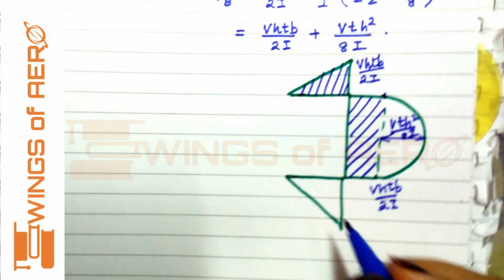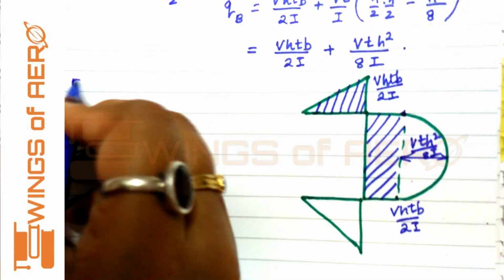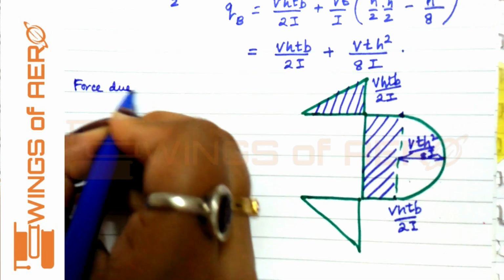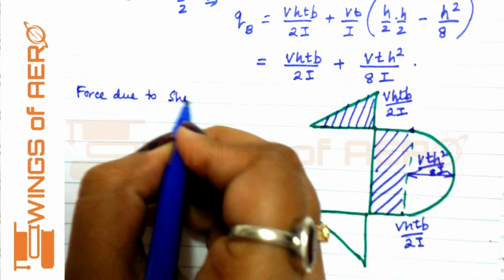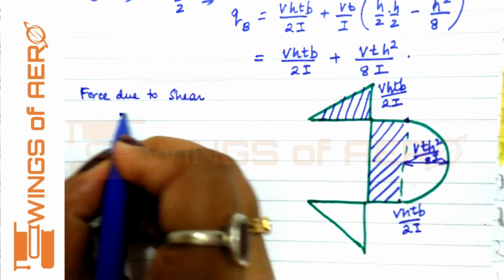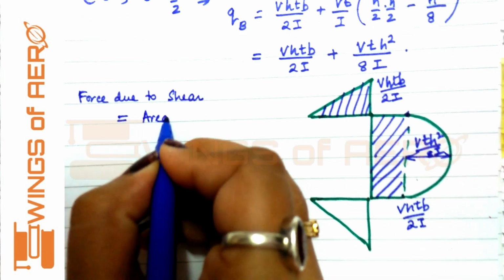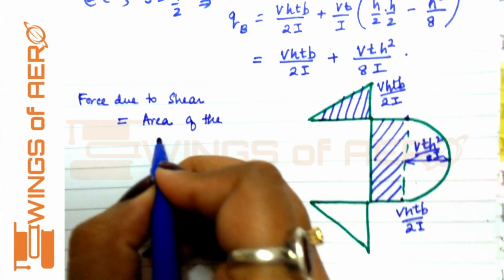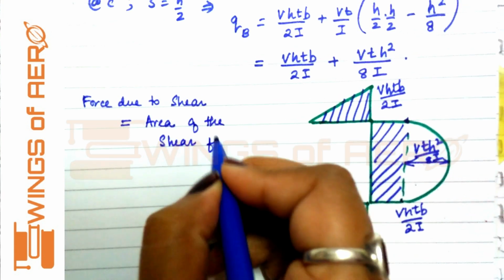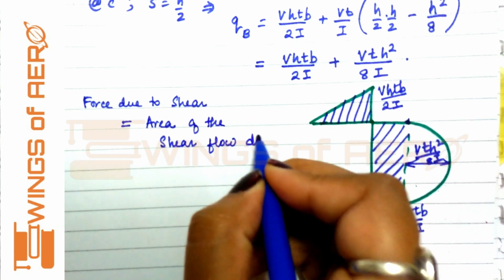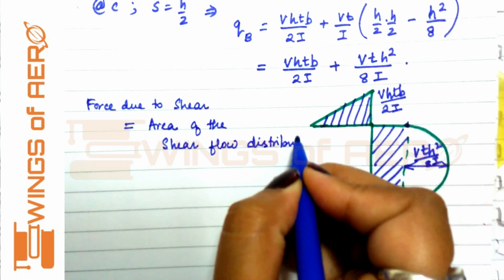Now, as per the definition, the force due to shear will be equivalent to the area of the shear flow distribution.